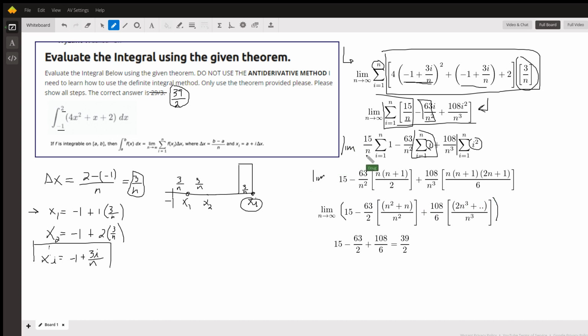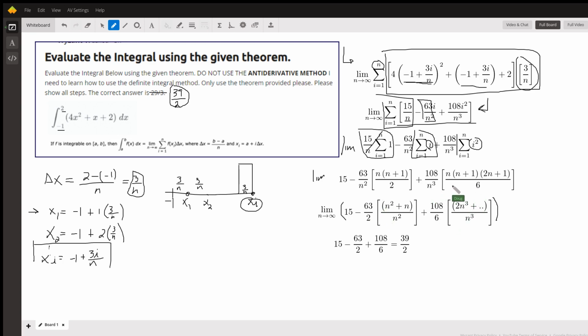So this summation has a sum of n, so n times 15 over n is just 15. If you picture distributing n over n plus 1, you get this. Interchange the 2 and the n squared. Same deal here.